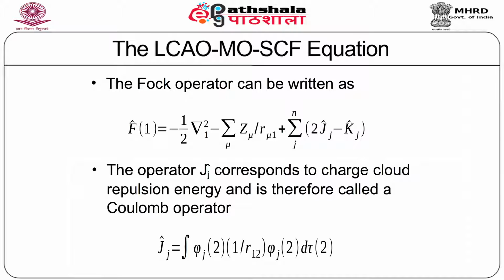Here the operator J_j corresponds to charge cloud repulsion energy and is therefore called a Coulomb operator. It has the form J_j equals the integral of phi_j star(2) 1 by r_12 phi_j(2), integrated over the volume d tau_2.